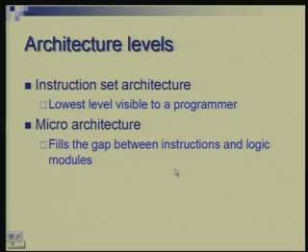Architecture itself, which is around that interface between hardware and software, we are going to specifically look at two layers: architecture at the instruction set level or at the microarchitecture level.